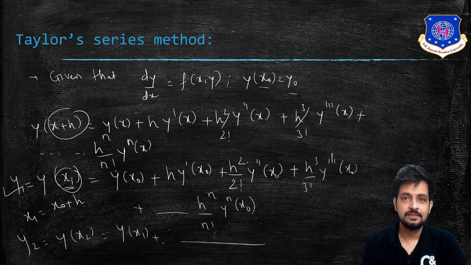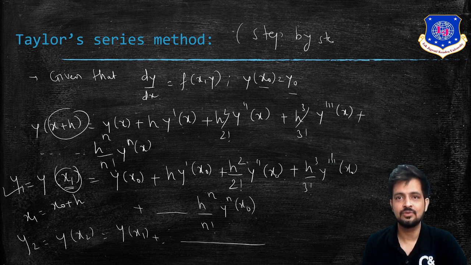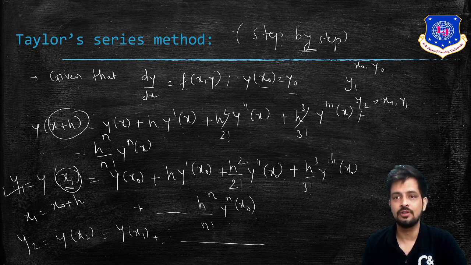These types of formulas are known as step-by-step methods. Remember why it is known as a step-by-step method? Because to find y1, x0, y0 is required. To find y2, x1, y1 is required. So we have to solve this step by step. First of all, we will find y1, then y2, then y3. If I want to find y3 directly from y1, it is not possible.